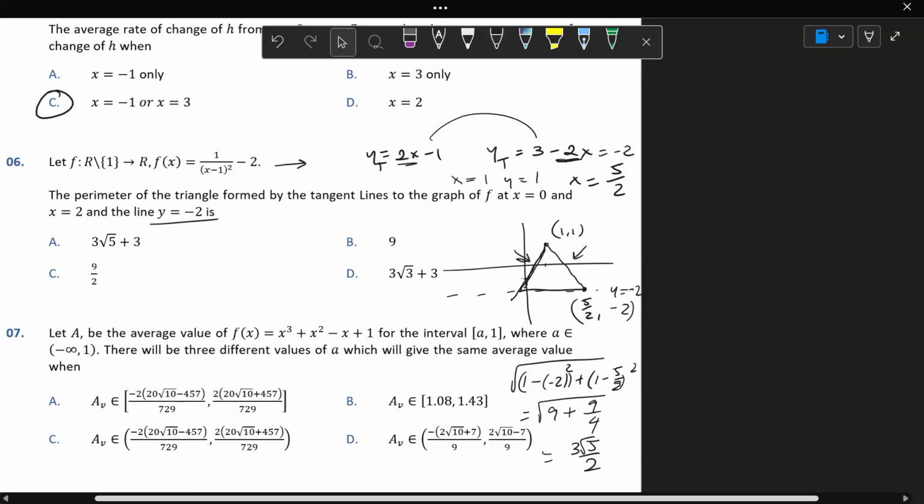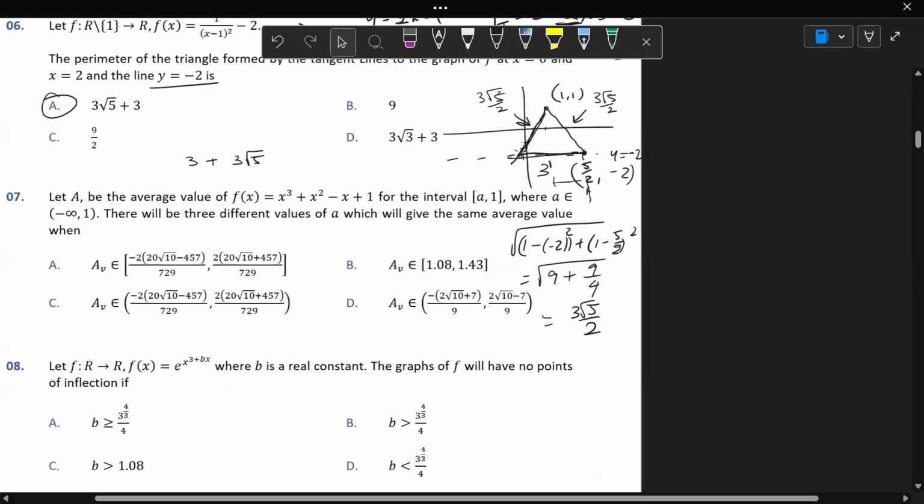So this length here is 3 root 5 over 2, and this length here is also 3 root 5 over 2. And then the distance between here and here is, well, if this is 5 over 2 and the middle here is 1, then half the distance would be 3 over 2. So the base is 3. So it's just 3 plus 3 root 5.